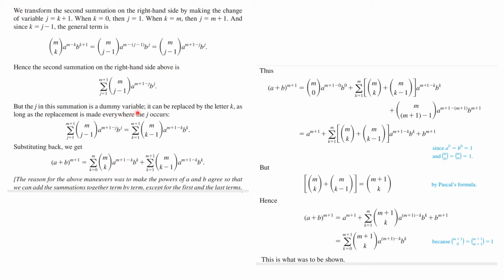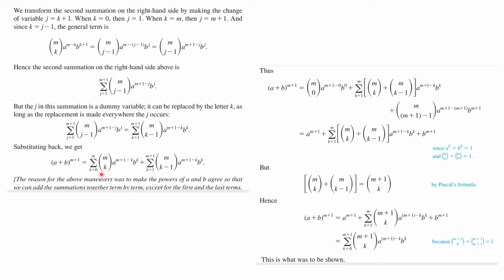But j in this summation is a dummy variable, so I can really start this one at 0 if I choose to. And the j in the summation is a dummy variable, so it can be replaced by k. And so we do that. Then we can substitute back into our original equation, and you see what we have then is both are sums on k.